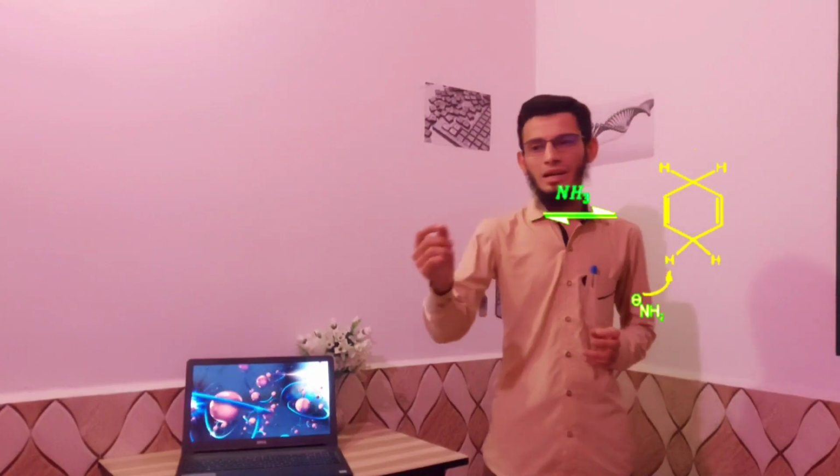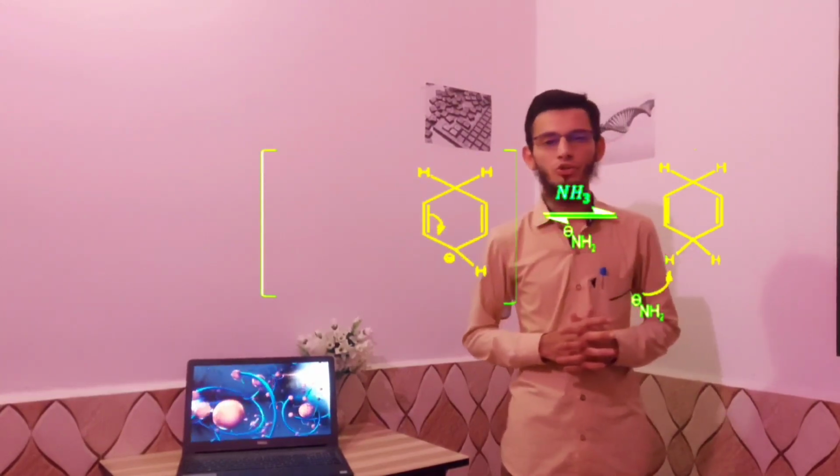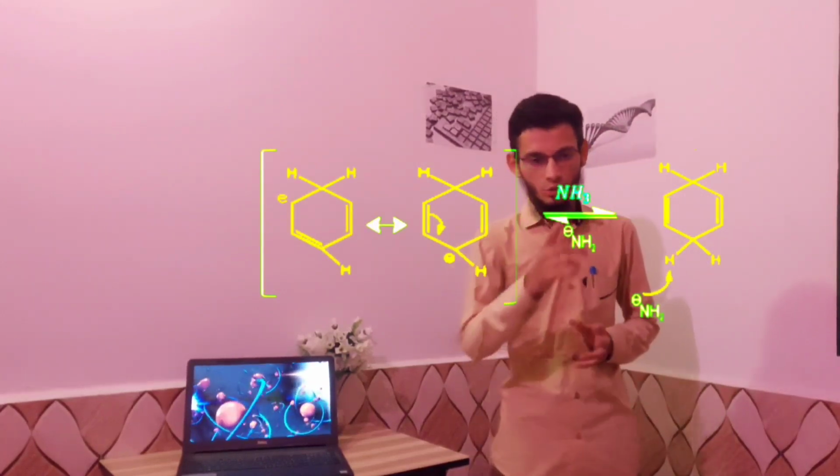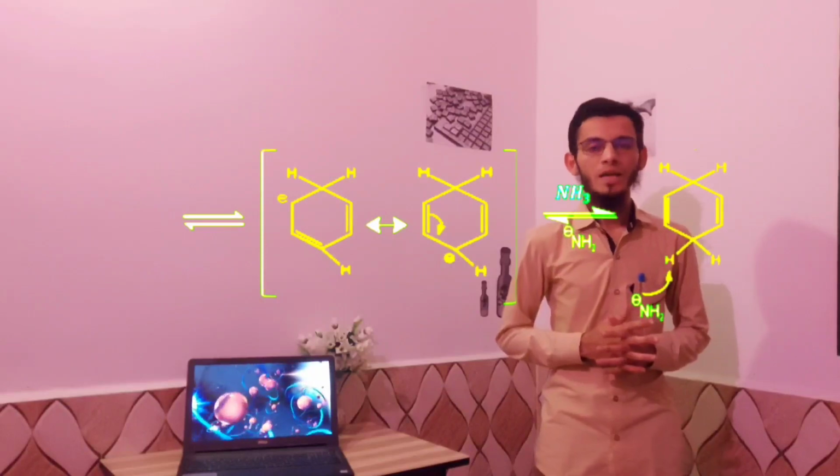You can see that NH2 minus is still present in the solution and can accept a proton from the 1,4-cyclohexadiene, resulting in a monoanion system. It can accept a proton and convert into ammonia, and this anion will be resonance stabilized, and you will get the 1,3-cyclohexadiene. Why?